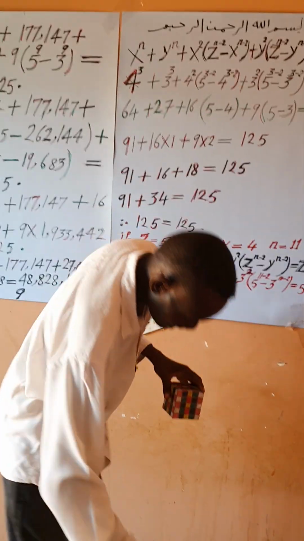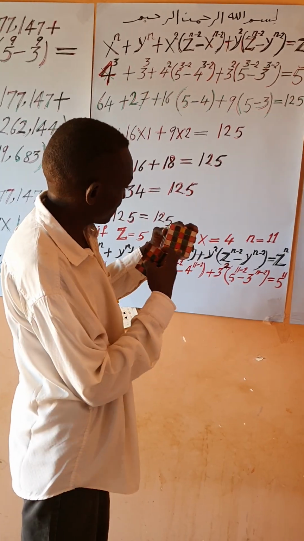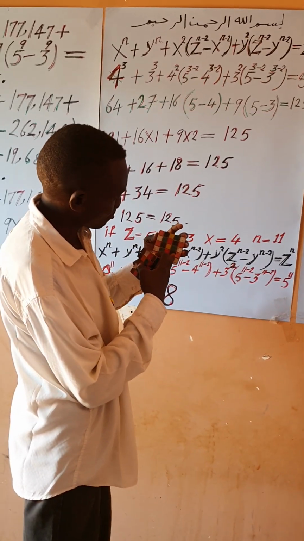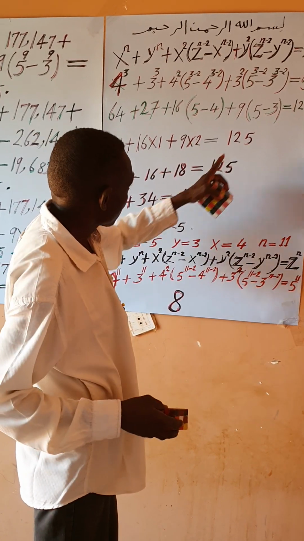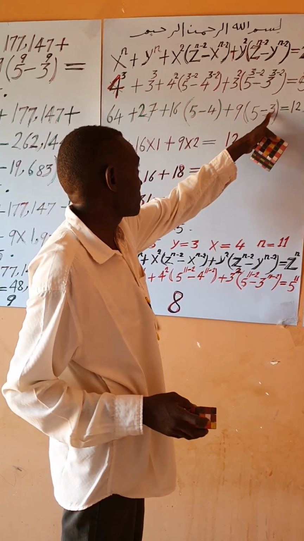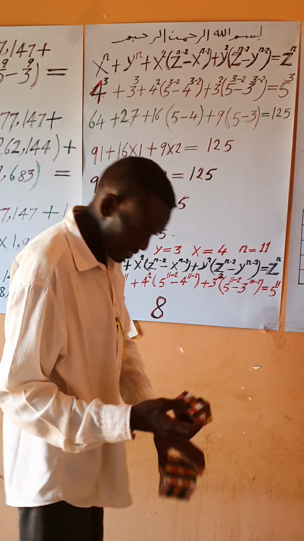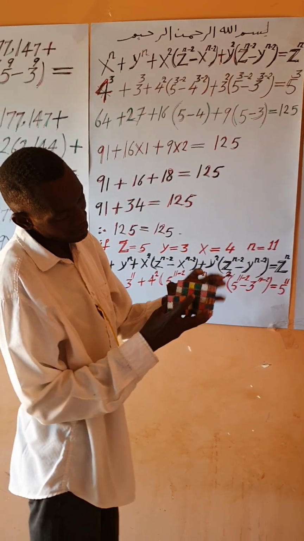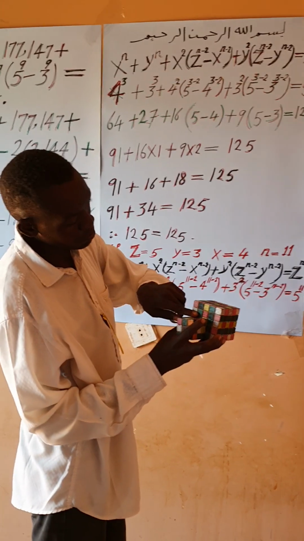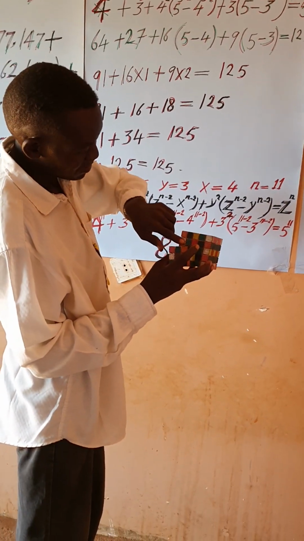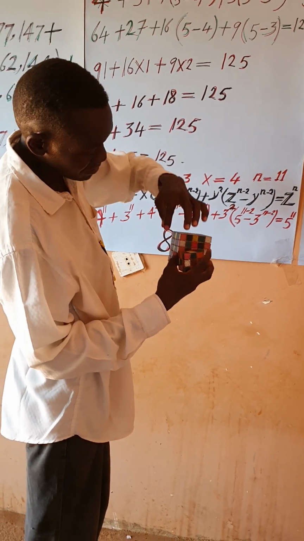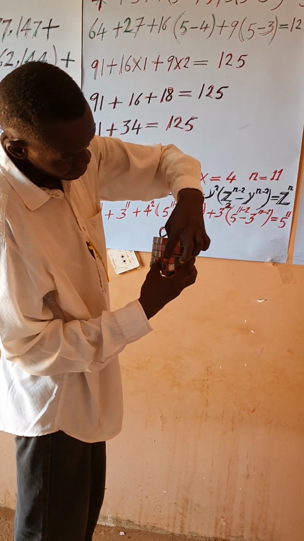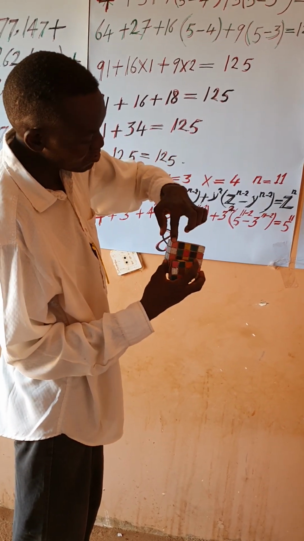Because of that, we take the difference between this cube and this cube. 5 minus 3 means if we take the difference between 3 and 5, we have 2 rows. 2 rows more. We need to become this 5 and this 5.